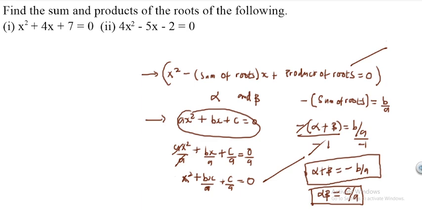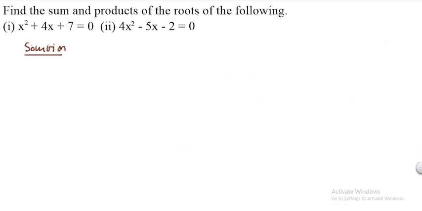I'll clean up space. For the first question, we are told to find the sum and product of roots of the following quadratic equation. Now the first one we are looking for is x squared plus 4x plus 7 is equal to 0. So the first thing I want to do is write out the equation I'm dealing with, x squared plus 4x plus 7, and then I'll write out my values of a, b, and c.